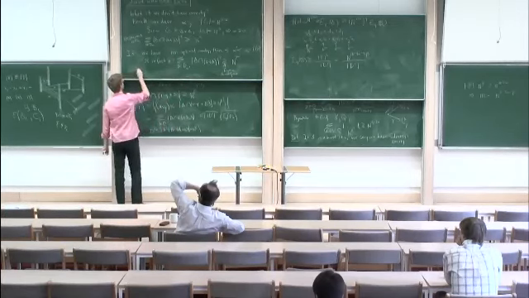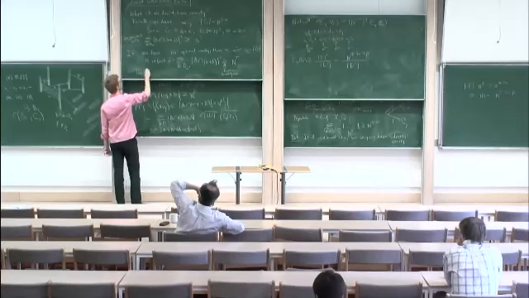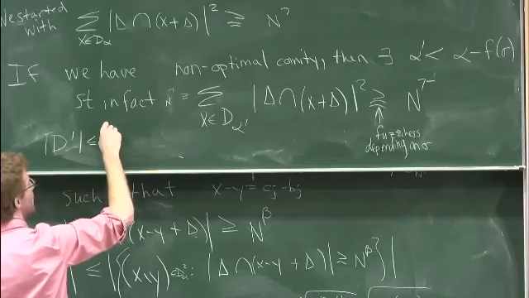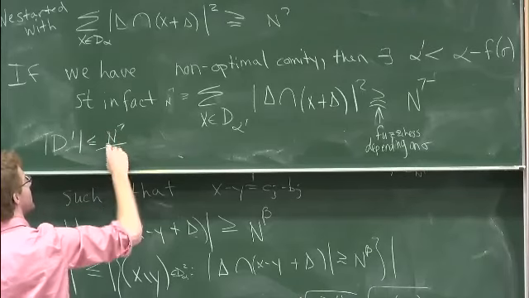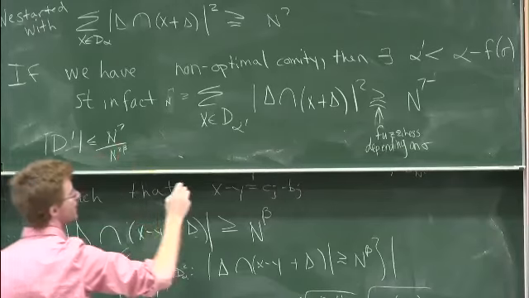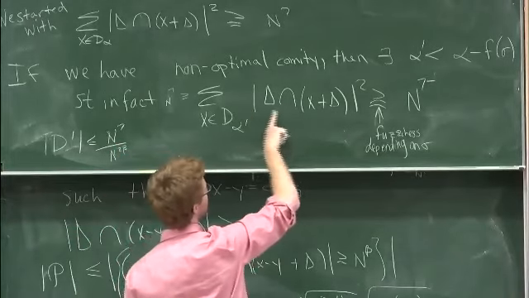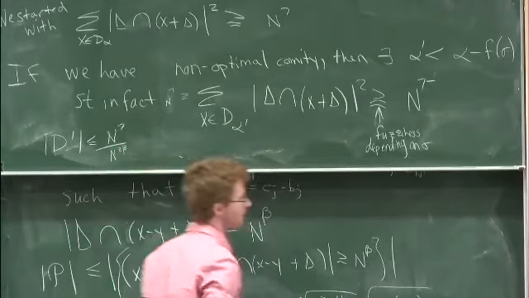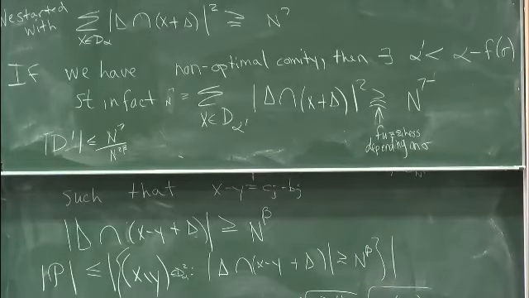We know that the size of this d prime is less than or equal to n to the 7th divided by n to the 2 beta, because I have an n to the 7th here, and if each one of these is like an n to the beta, then that's where I get that. So it's less than that.